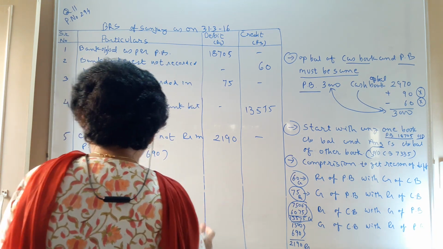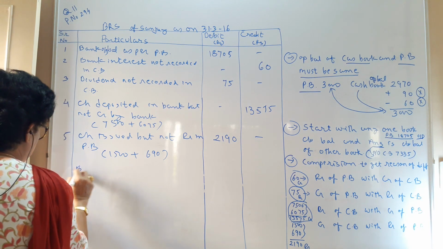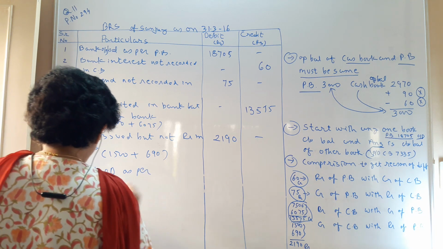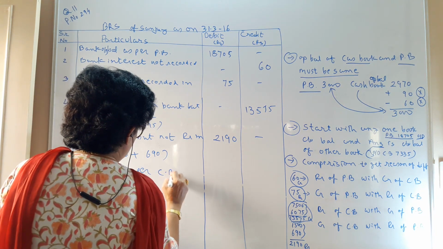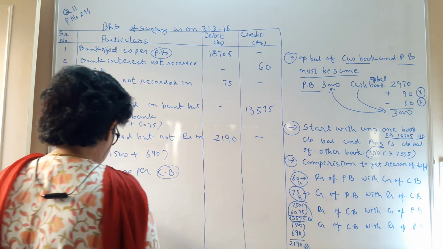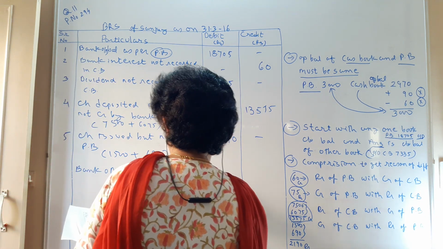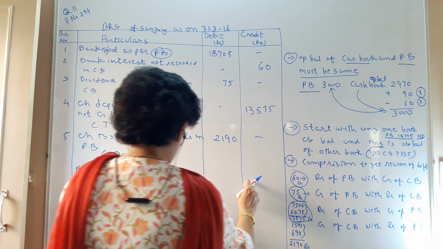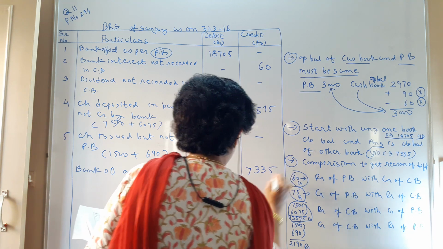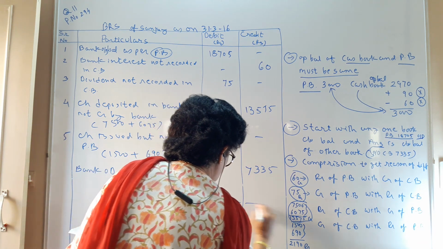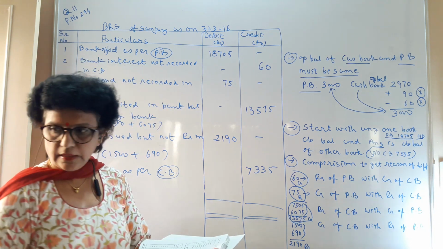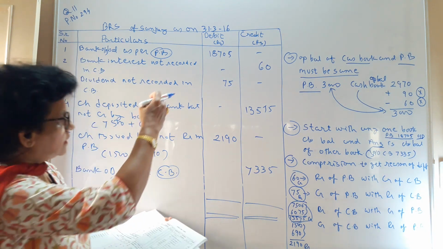You will find the difference, that is bank overdraft as per cash book. We have started with passbook. We are getting the answer cash book. So that bank overdraft as per the cash book to be written in the credit column, 7335, and do the total and get the answer. Okay, the total is to be done and you get the answer.